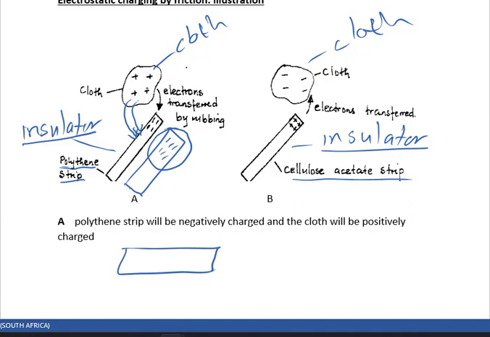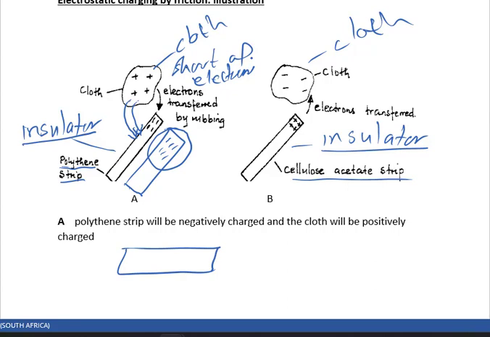But after rubbing with a cloth, we have the polythene strip with more electrons than protons. So there are more negative charges than positive charges. So the net charge is negative. Because the electrons were transferred from the cloth, it is now short of electrons.